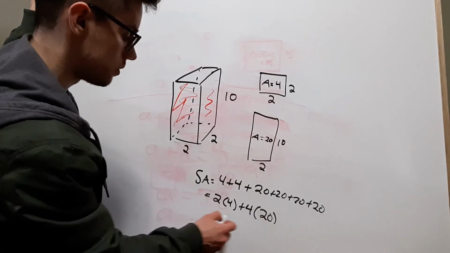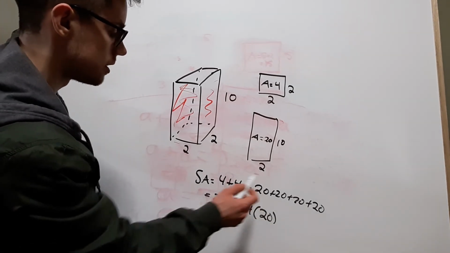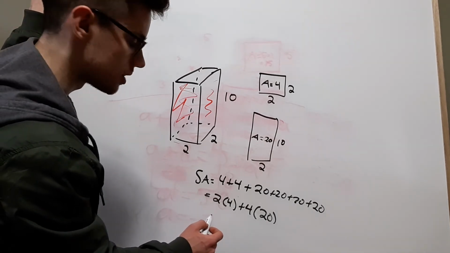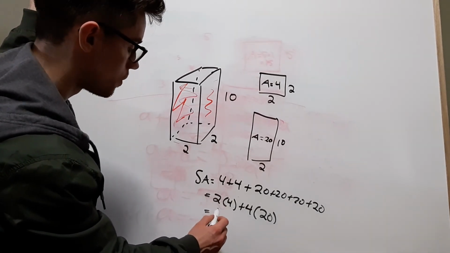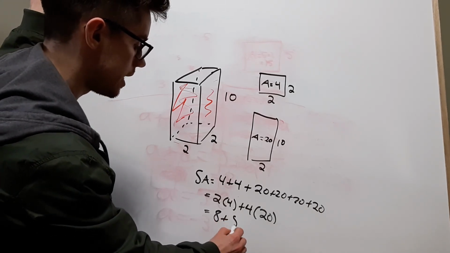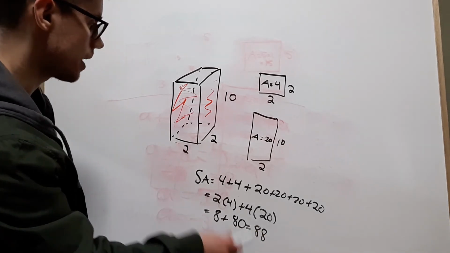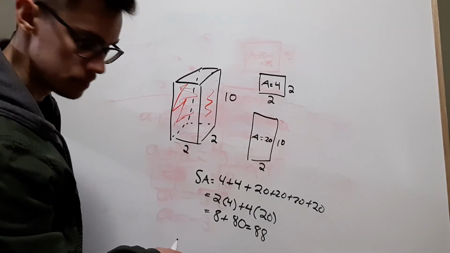Because we have 2 faces of 4 and 4 faces of 20. It's a bit of a tongue twister. But that's going to be 2 times 4 is 8, and 4 times 20 is 80. So this is going to be a nice number, which is 88. And that will be the surface area for that one.